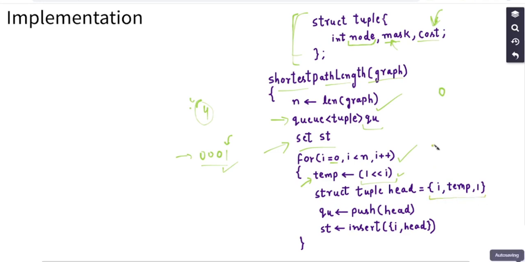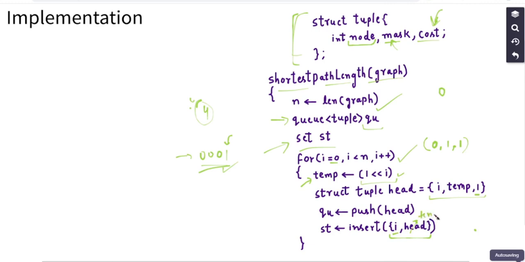Then here I prepare that tuple. So the tuple for node number 0 would be node number, this mask which is 0, 0, 0, 1. This basically represents 1, and cost. So the cost when we are starting is 1, and we push this tuple into the queue, that is node and mask. So we have a mask here, not head, we have temp here.